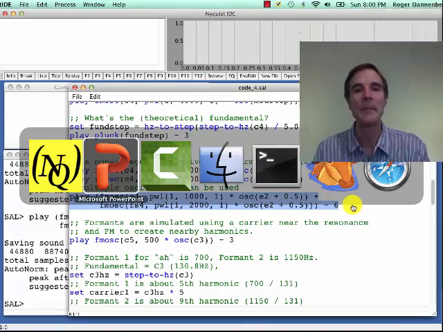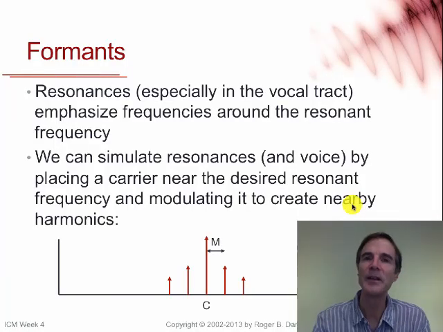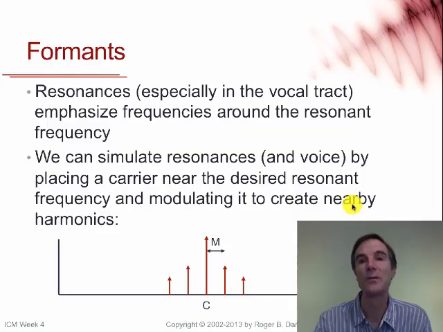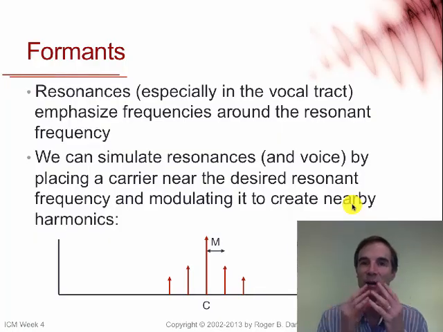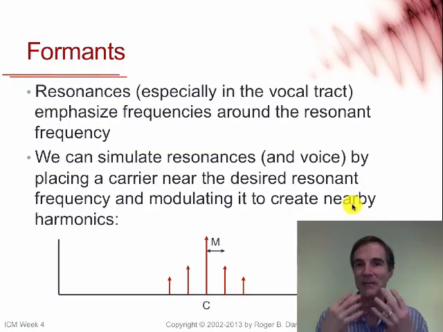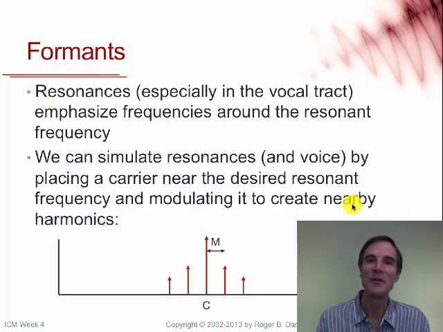Now, another thing we can do with FM is create the effect of filters or resonances, sometimes called formants. Formants are very significant in the human voice. This is how we make vowel sounds, by changing the shape of our mouth and other things to create filters, basically, that process the sound that we make with our vocal folds.